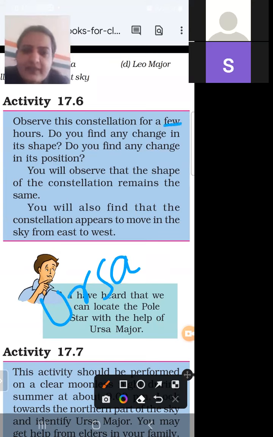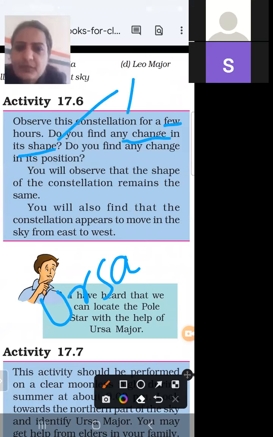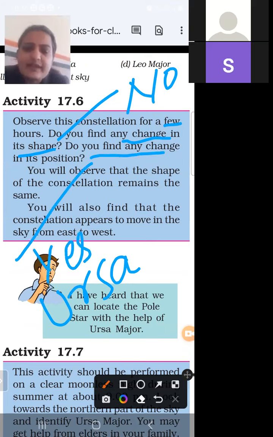What do you find? Is there any change in shape? No. Do you find any change in its position? Yes. You find that the shape of the constellation remains the same.